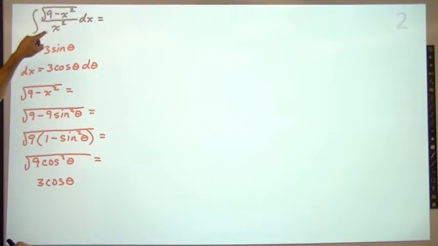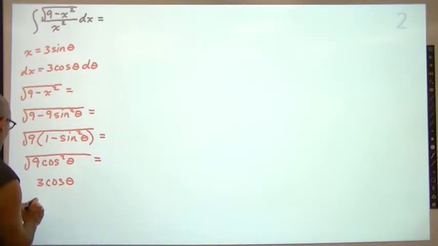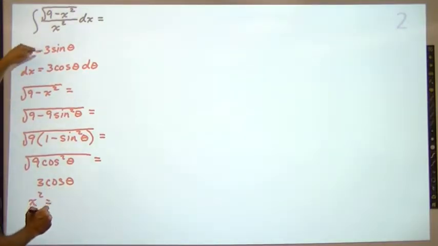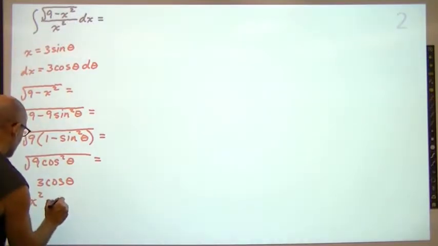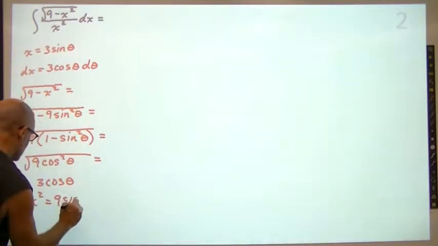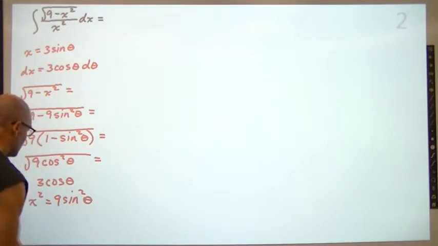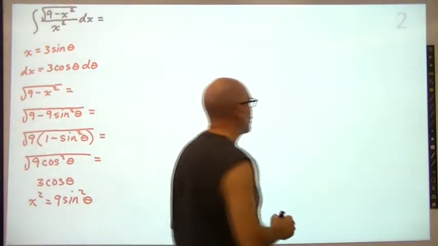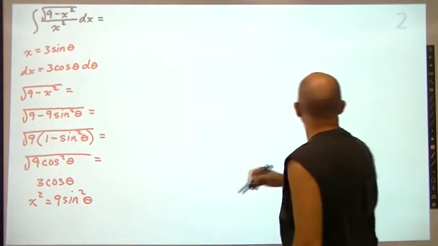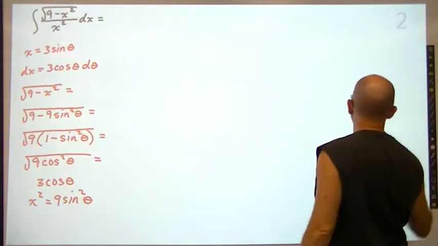Now, the one other piece we have is x squared here. So x squared equals 9 sine squared theta. All right, now we're ready to apply all of our trig substitutions.